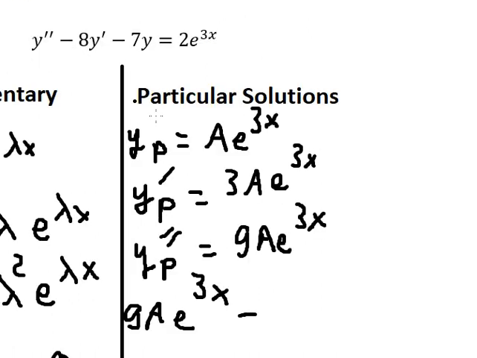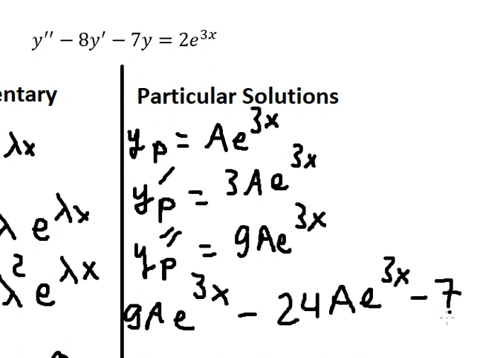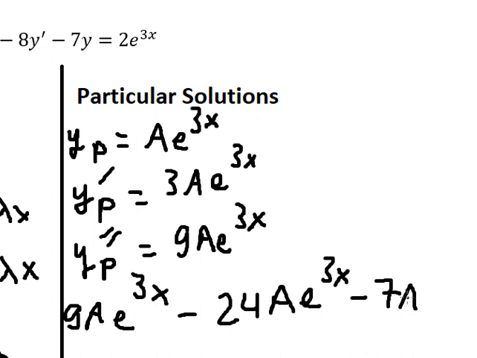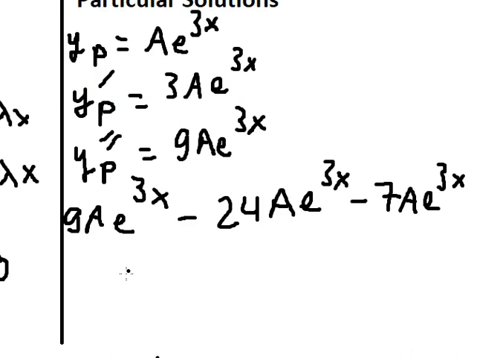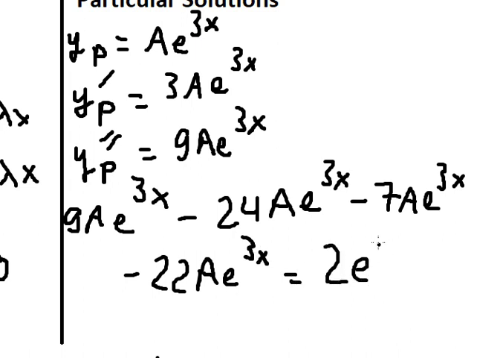So negative 8 multiplied by 3, we have 24. And negative 7 with A, we have negative 7A. Now we need to simplify it, and we have negative 22A e to the power of 3s, and we know that this one equals 2 e to the power of 3s.